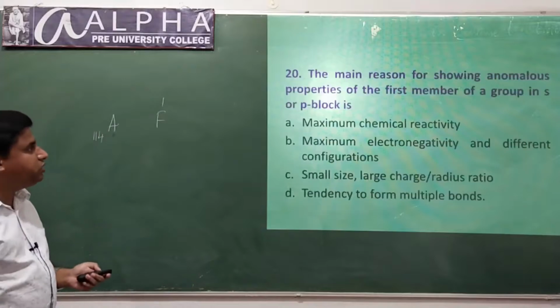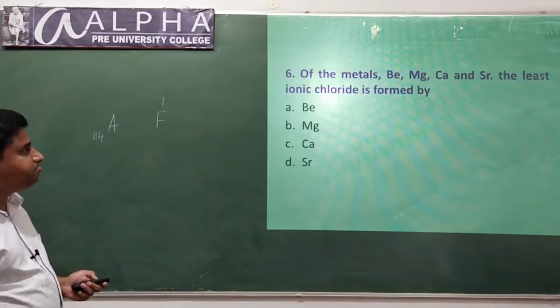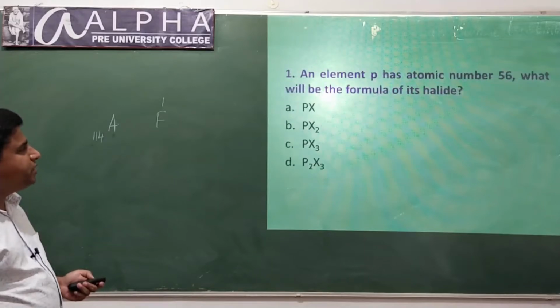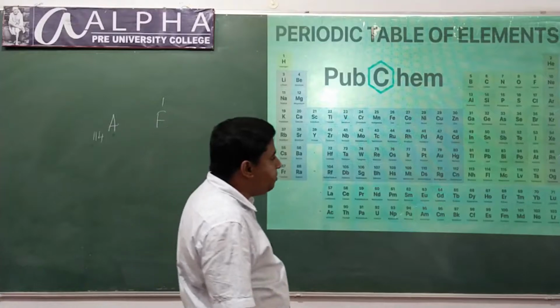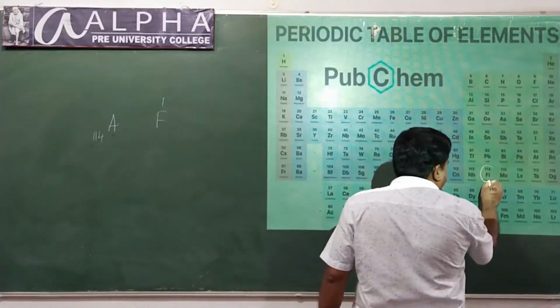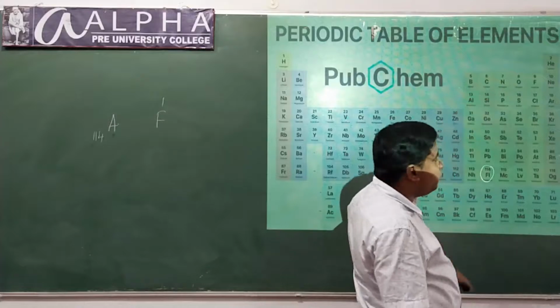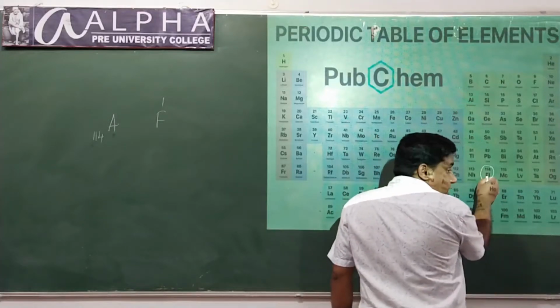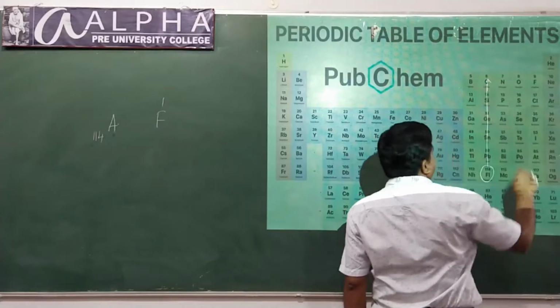Let us go back to the periodic table. Look at this periodic table. Where do you find the element with atomic number 114? Here. And to which group does it belong? Okay, the element with atomic number 114 belongs to the 16th group.